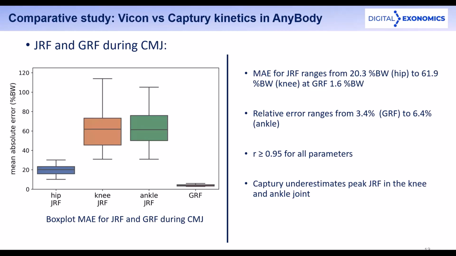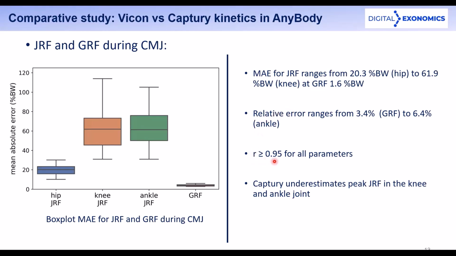Then if we look at kinetics, so joint reaction force and ground reaction force during the counter movement jump, we can see that the mean absolute error in joint reaction force is lowest for the hip and highest for the knee joint. The relative error between both systems is quite small, so it's only around 3.4% for ground reaction force and 6.4% for the joint reaction force at the ankle.